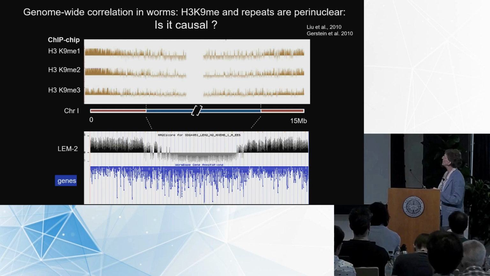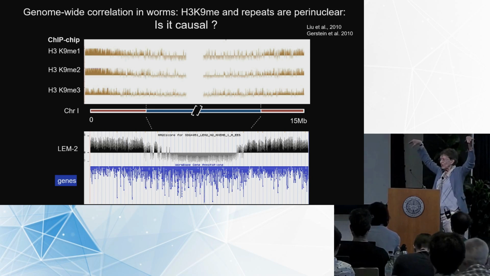The repetitive regions, the transposons, simple repeats, tend to be more enriched in the arms. Genes are more enriched in the middle. And if you map it relative, this is by ChIP, not by DAM-ID, but we've done DAM-ID, it gives the same result. You see that the extremities of the chromosomes are bound to the nuclear envelope, and the centers of the chromosomes tend to stick in, so you have sort of this kind of arrangement of chromosomes.